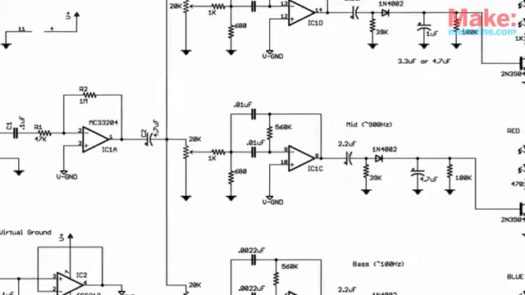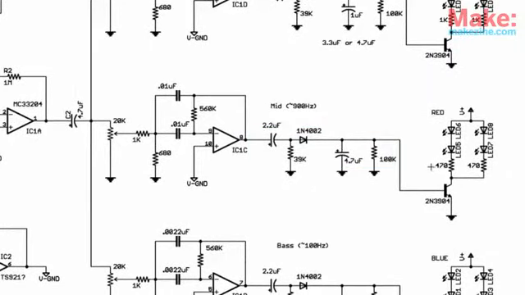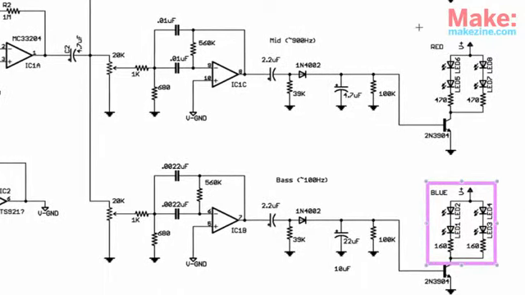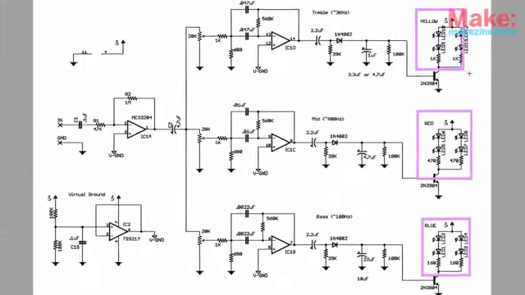From there, each output is conditioned, referenced to ground, and sent to the base of a transistor, which controls power to a group of 4 LEDs. Blue LEDs for the bass, red LEDs for the mid-range, and yellow LEDs for the high end.